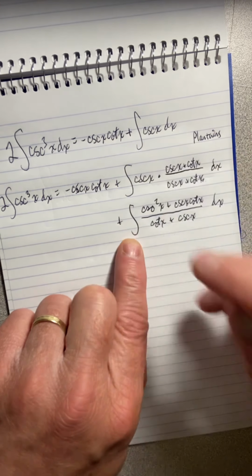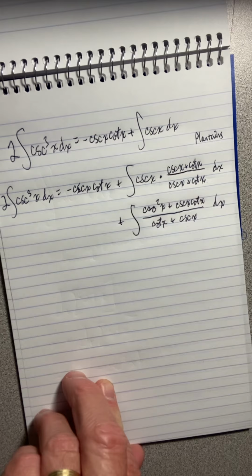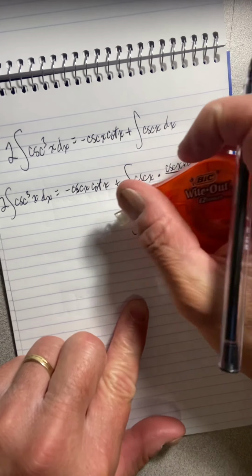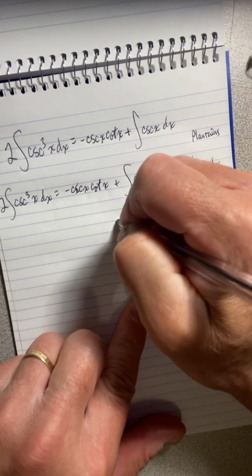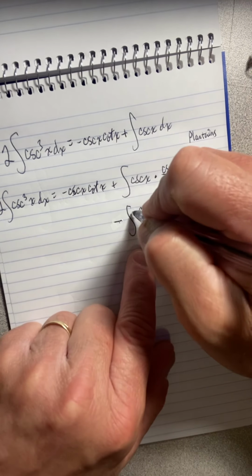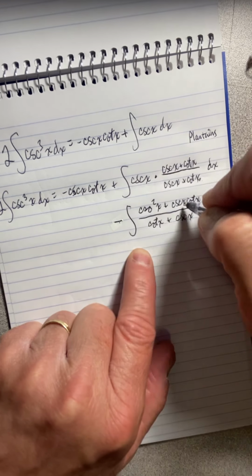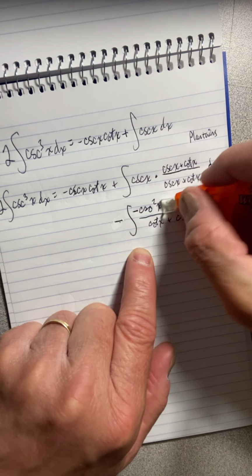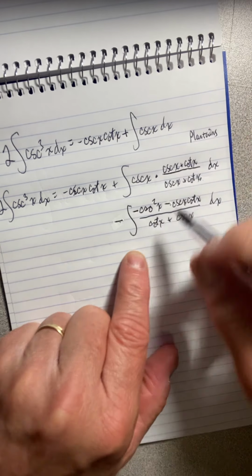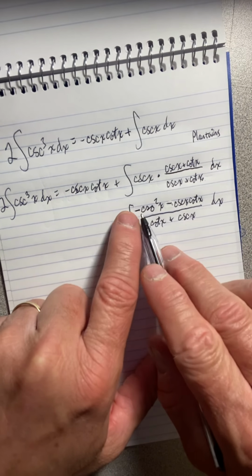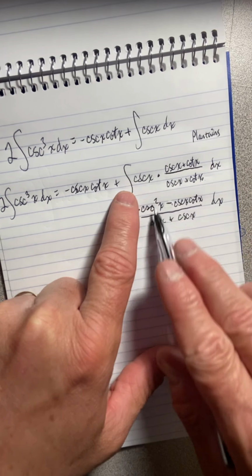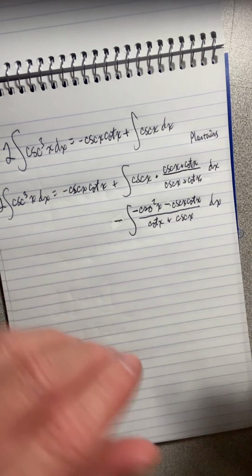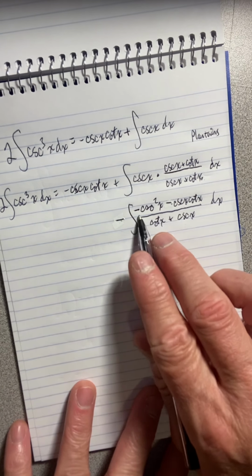We'll change this out here to a negative. Now that means I can put a -1 right here, and I'll distribute the -1. So this will be negative, and this will be negative. So this negative distributes in and makes that positive cosecant squared, and makes that cosecant times cotangent positive. So we're all good. By putting this negative out here, I get what I need.